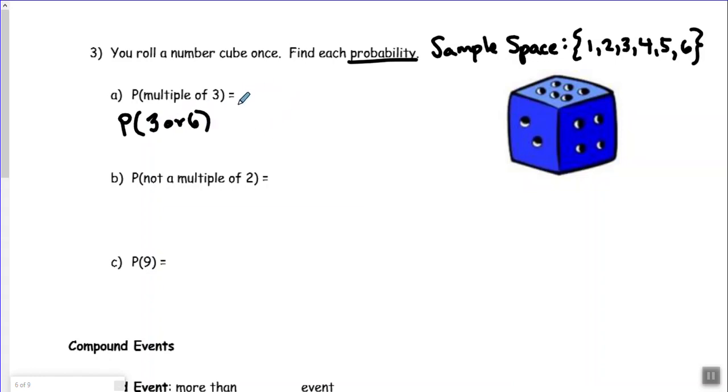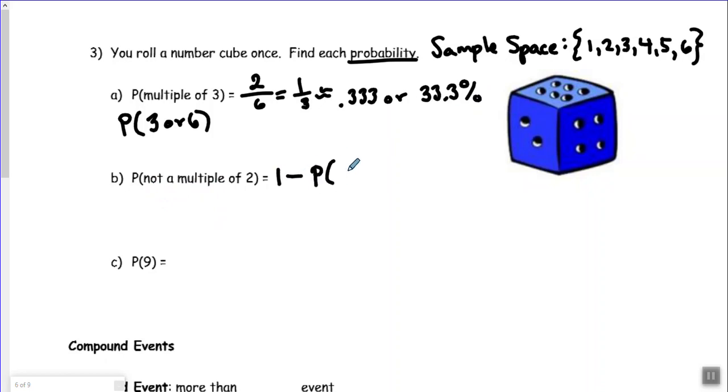Well, that would be 2 out of 6, or 1/3, and as a decimal, it would be 0.333, or 33.3%. How about not a multiple of 2? Well, we can do 1 minus the probability that it is a multiple of 2.